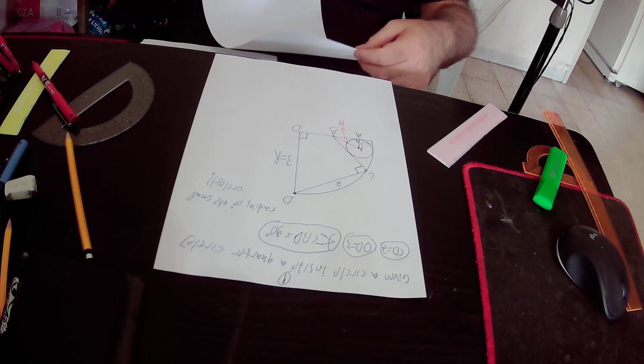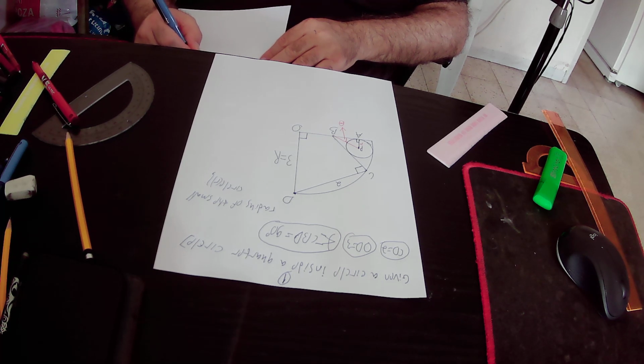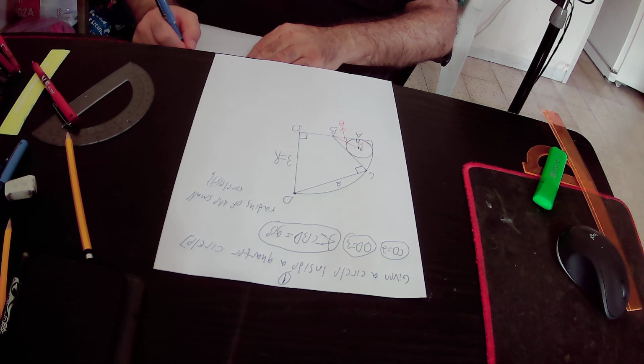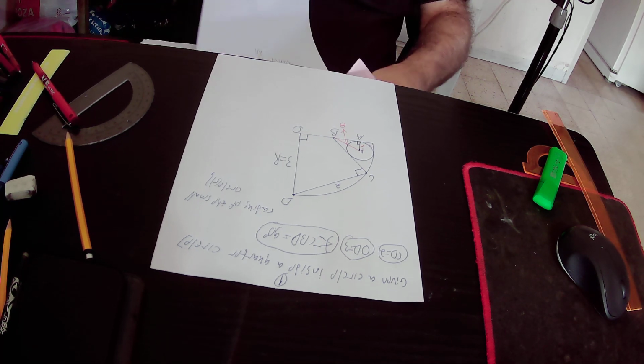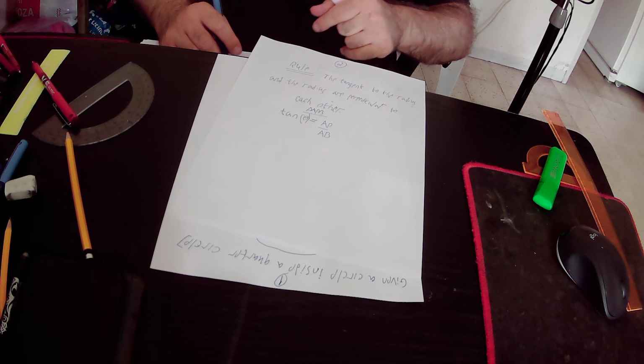So in the right triangle APB, tangent theta equals AP over AB.